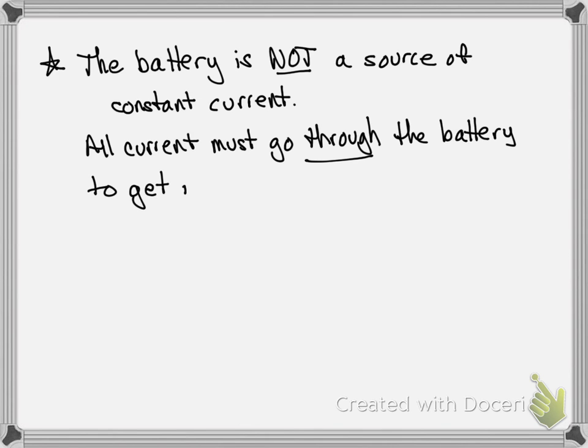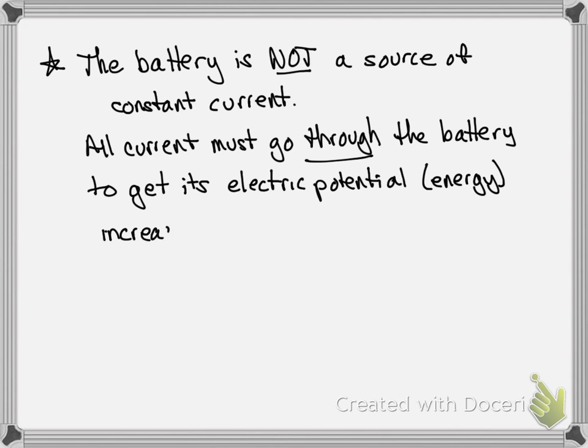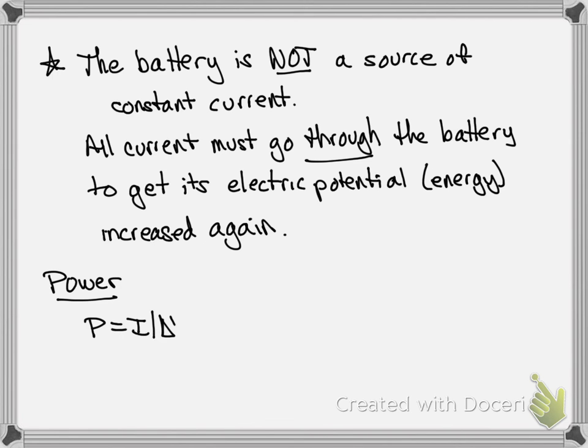The current that flows through the battery is determined by the electric potential difference of the battery, but importantly for us, what you have hooked up to the battery and how it's all attached. Is it in series? Is it in parallel? What resistors, what bulbs do you have in there? All of the current must go through the battery to get its electric potential related to energy increased again.